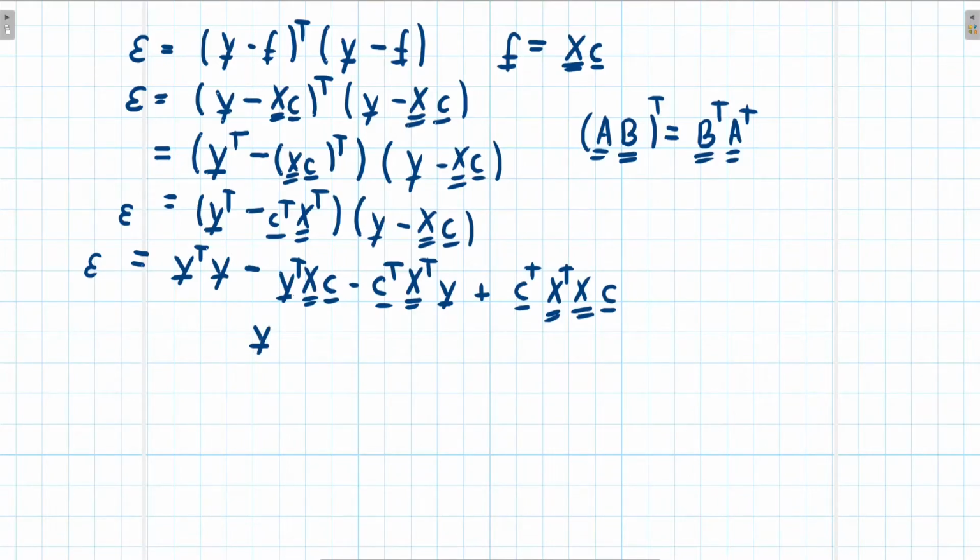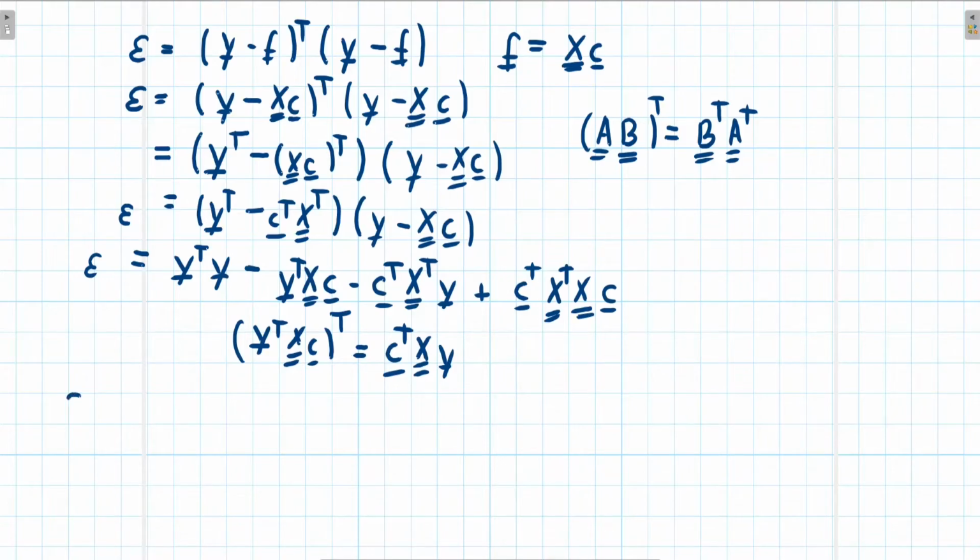So what we find essentially is that y transpose X c, if you work this out using the same rule as before, is equal to c transpose X transpose y. And because these are both numbers, that means that they're essentially equal.